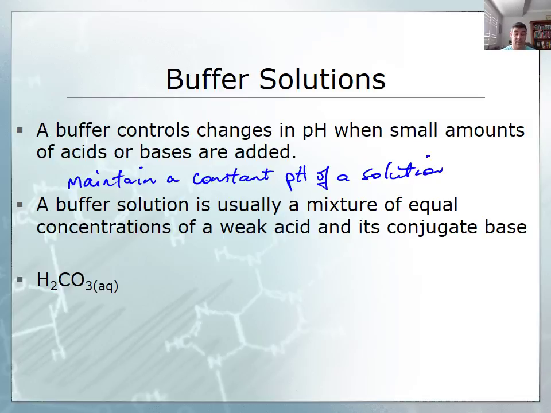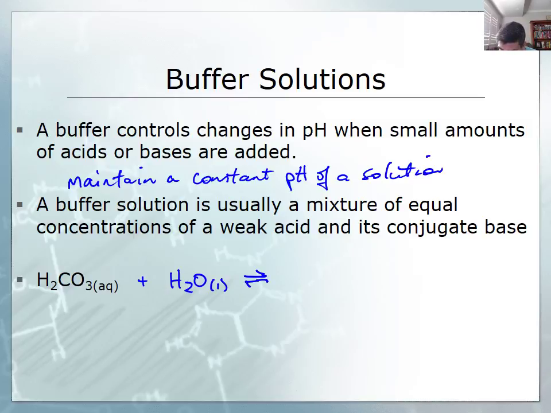And this is achieved by having equal concentrations of a weak acid and its conjugate base. One example of a weak acid that we've looked at before is the carbonic acid molecule. Now this carbonic acid, when we put it into water, we'll write it as an equilibrium.